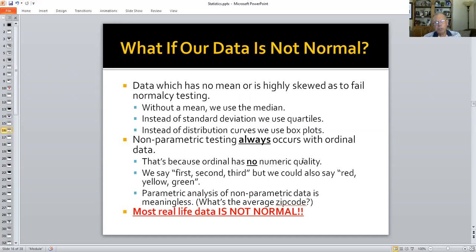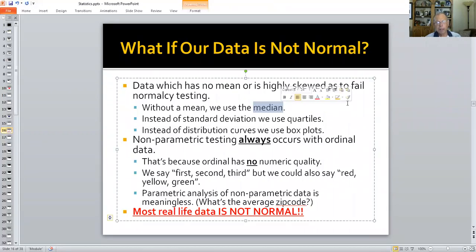What is non-normal data? This is what it is. It has 2 qualities: it has no mean, in other words, it doesn't have an average, or it is so highly skewed, in other words, its curve is lopsided, that you can't use normalcy testing. So, therefore, if there's no mean, what do you do? You use the median. And I'm sure you've run across that. What is the median?